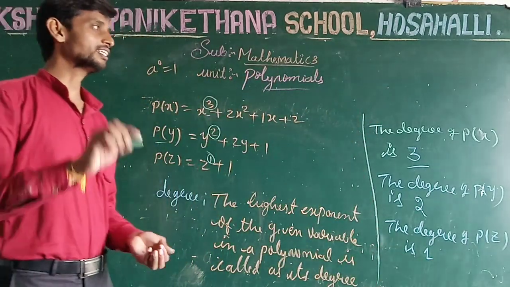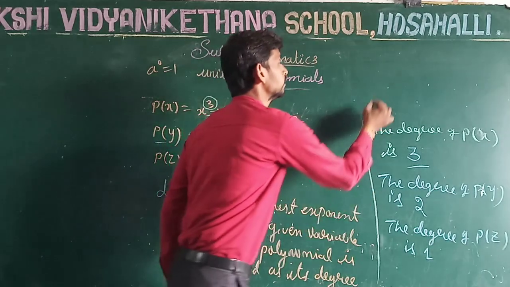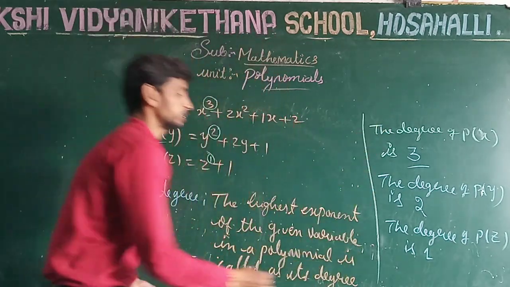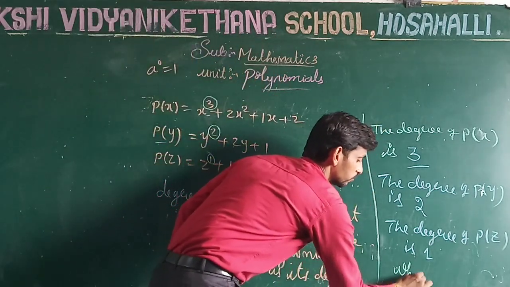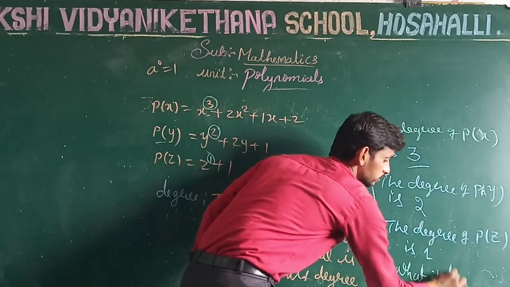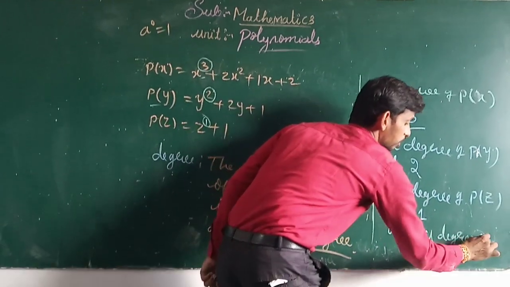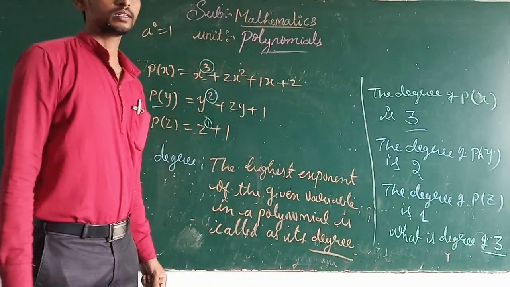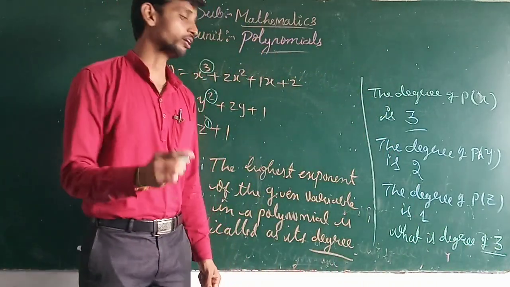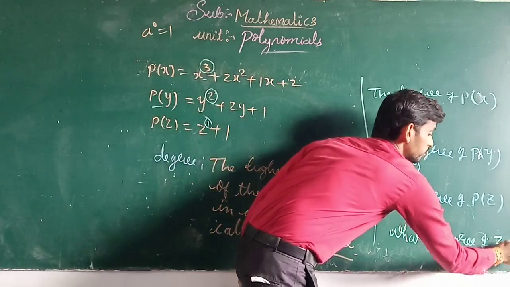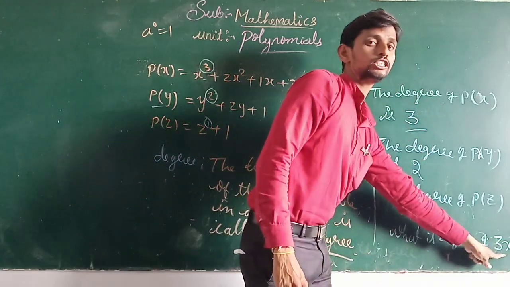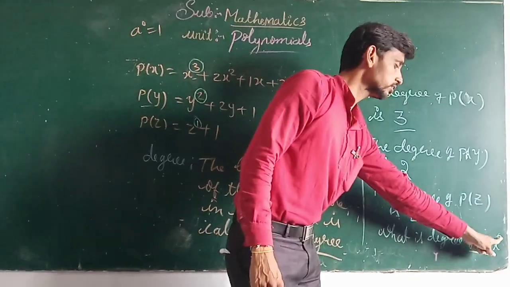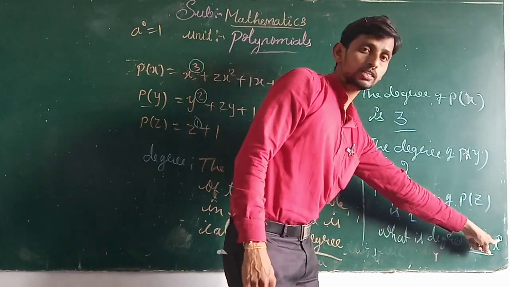Then I will ask another question. What is the degree of 3? It's a constant. Yes, of course, student, 0, because x to the power 0 is nothing but 1. 3 into 1 is 3. The highest power is 0.